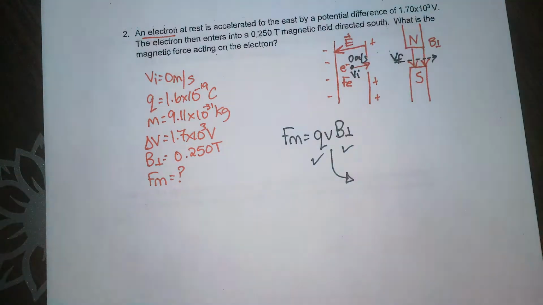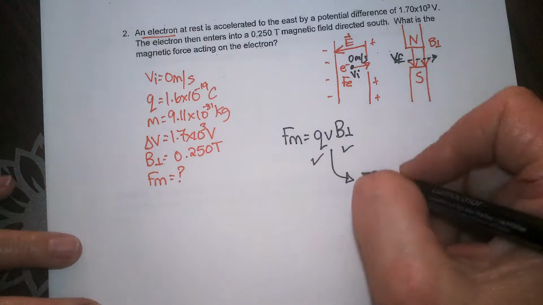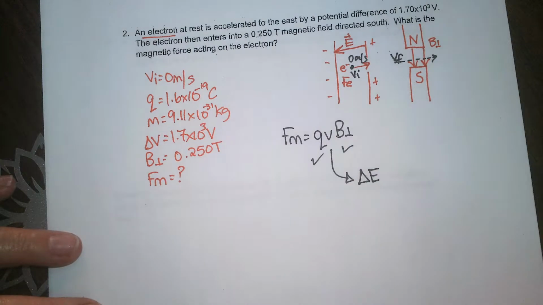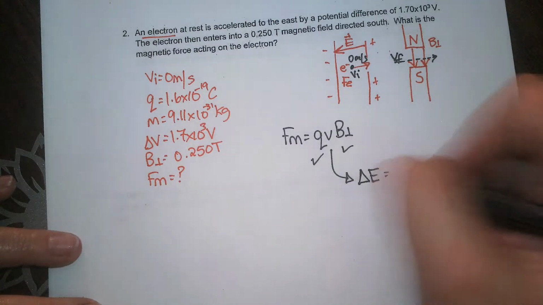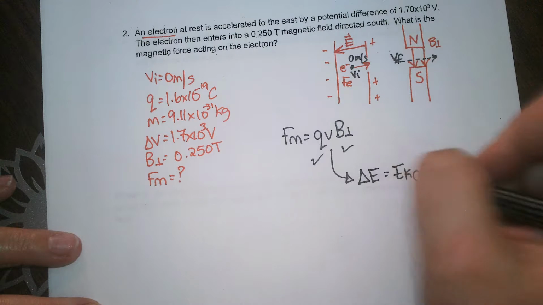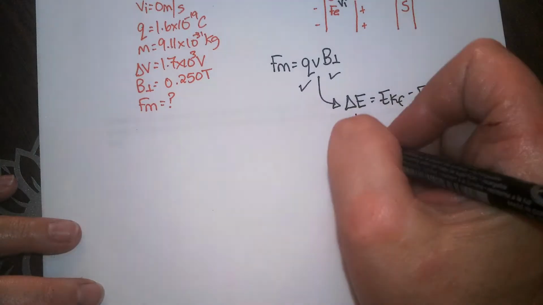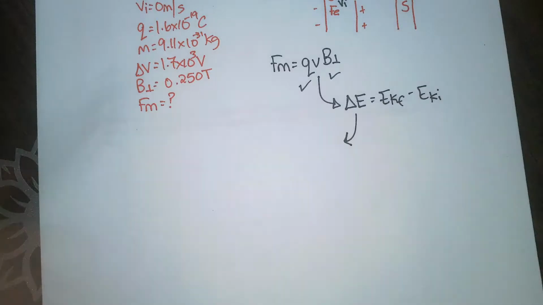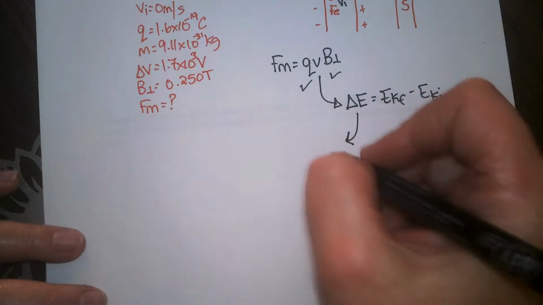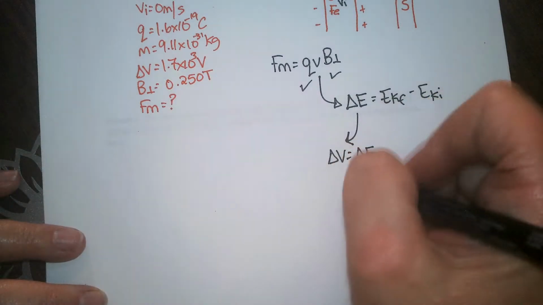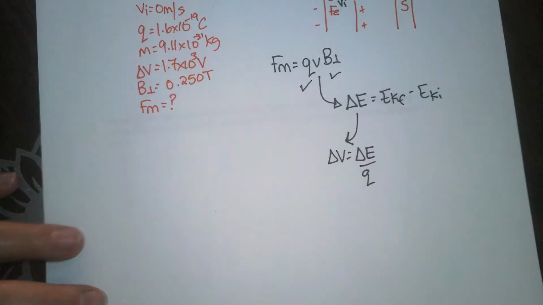Where do we get VF from? Delta E. EKF minus EKI. Where are we going to get delta E from? E equals delta E over Q. Okay.